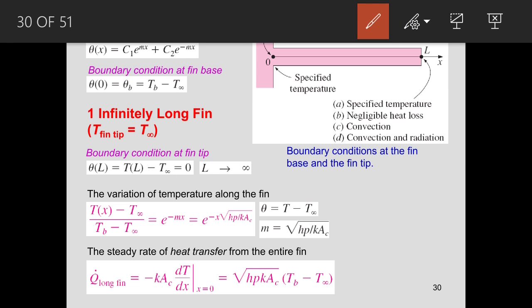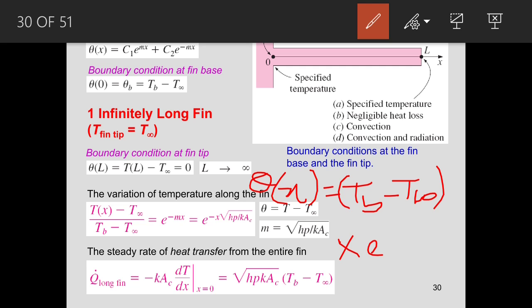We substitute all these values in our equation: theta of x is equal to c2, which we already found as Tb minus T infinity, multiplied by e raised to minus mx.